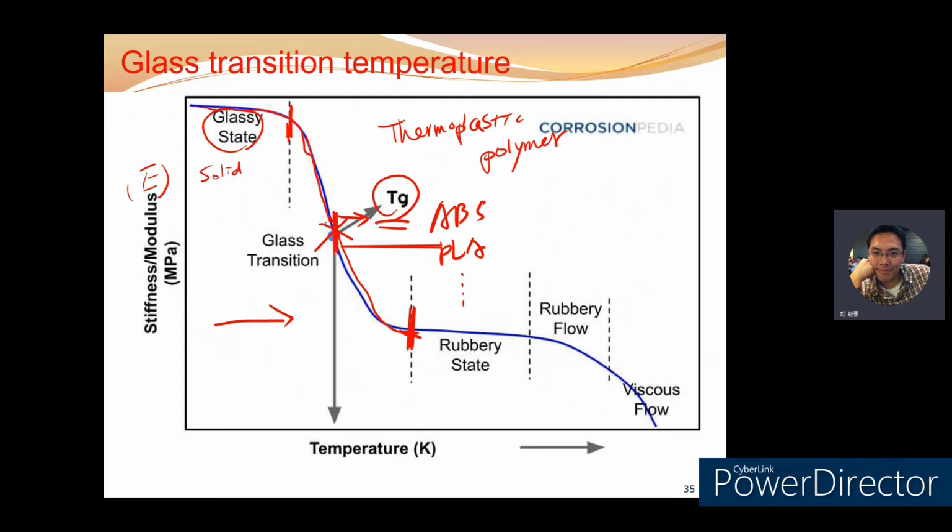Because we need a flowing material to build up the layer pattern. If the nozzle temperature is lower than the glass transition temperature, your nozzle may be clogged or blocked.